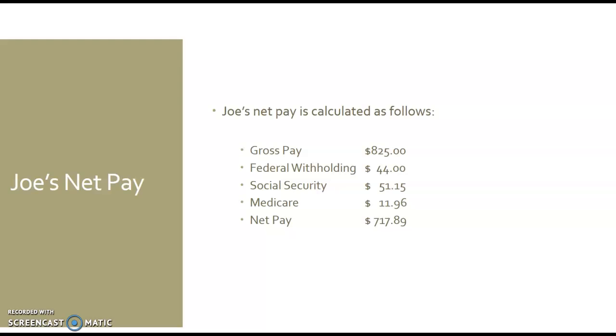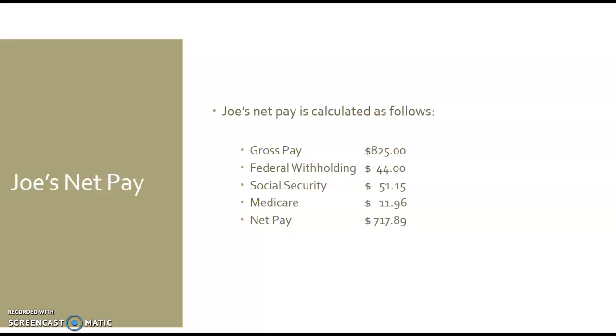So that brings us to Joe's net pay, because we have done all three federal mandatory withholdings or federal taxes. So let's see how Joe's net pay is calculated. His gross pay was $825. His federal withholding is $44 from the table.